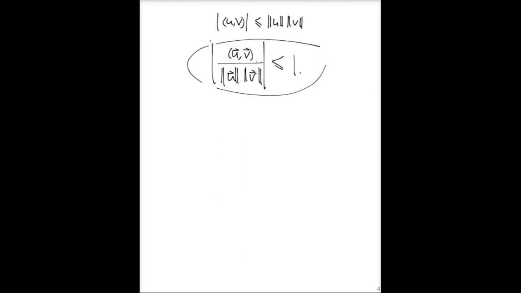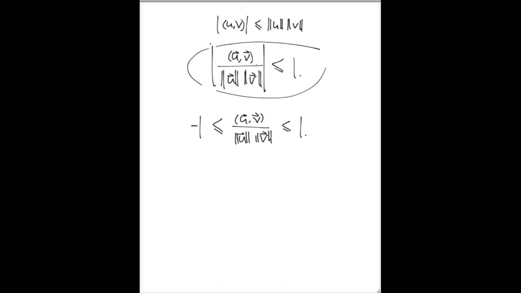And to say that the absolute value of a real number is less than 1 is to say that the number itself is between -1 and 1. That is, this entire expression is between -1 and 1. And this is because of the Cauchy Schwarz inequality. But what's the upshot here?